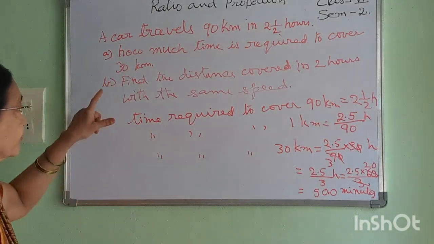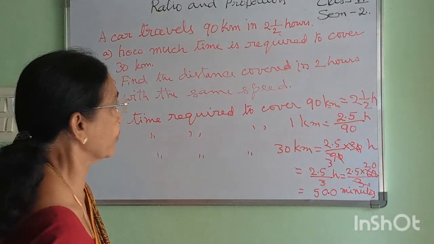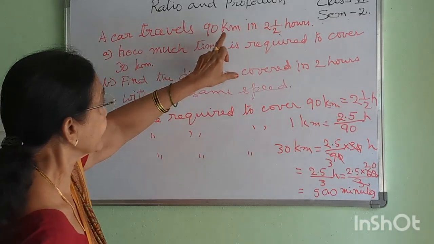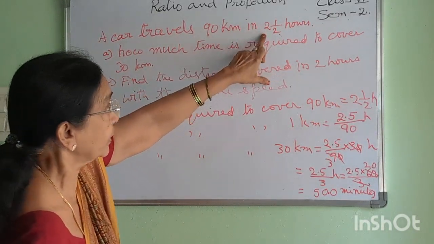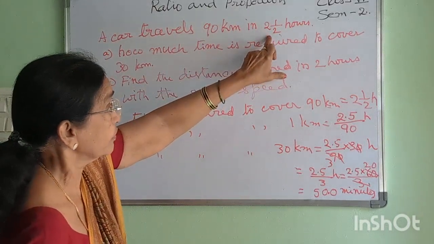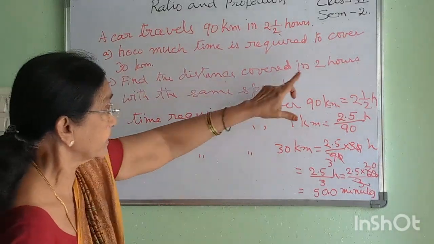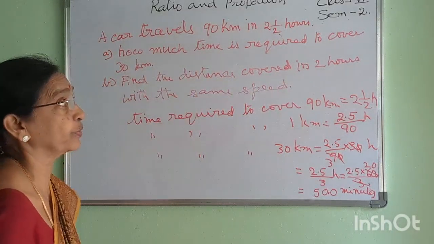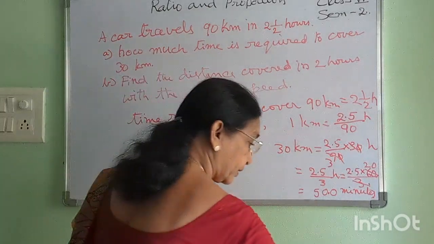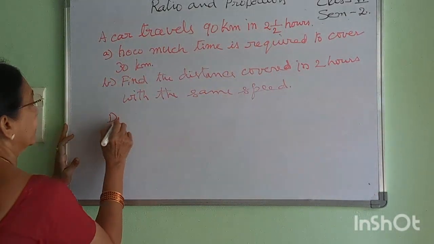Okay. So coming to the second question, find the distance covered in 2 hours. So here the distance covered in 2.5 hours is 90. So distance covered in 1 hour is equal to 90 by 2.5. Then distance covered in 2 hours is equal to 90 by 2.5 into 2.